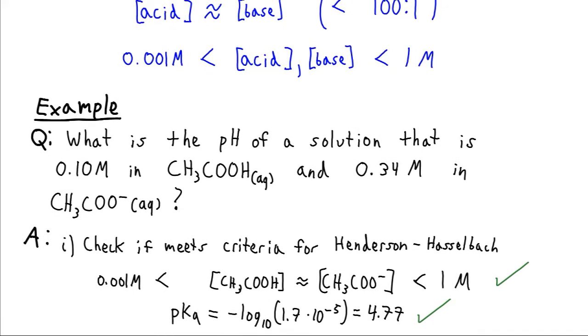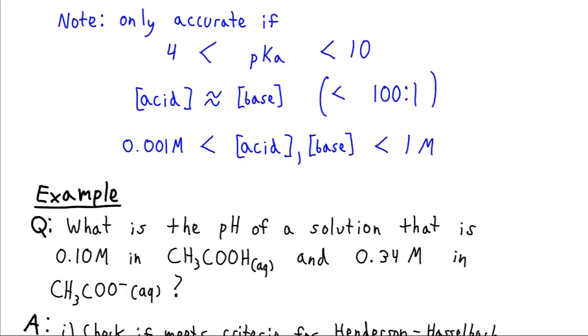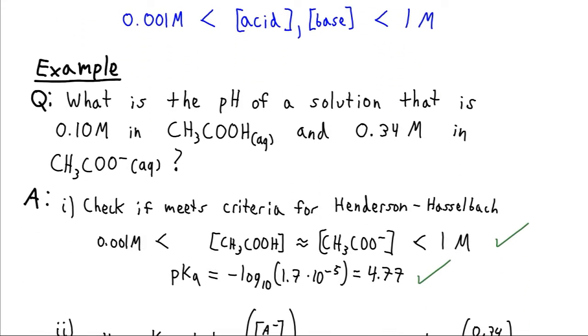And if we check the pKa for our acetic acid, you get 4.77. So that's also in the range of about between 4 and 10. So this seems like it's going to work out.